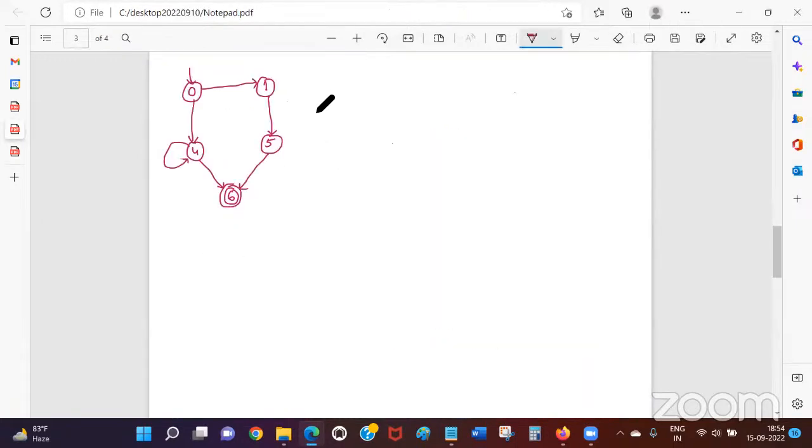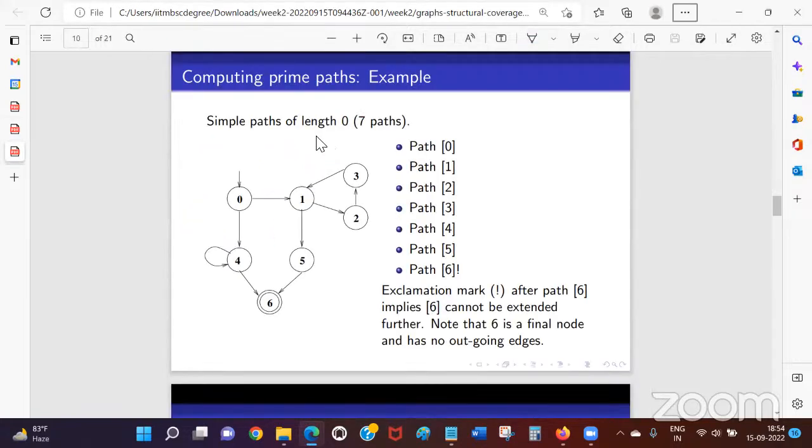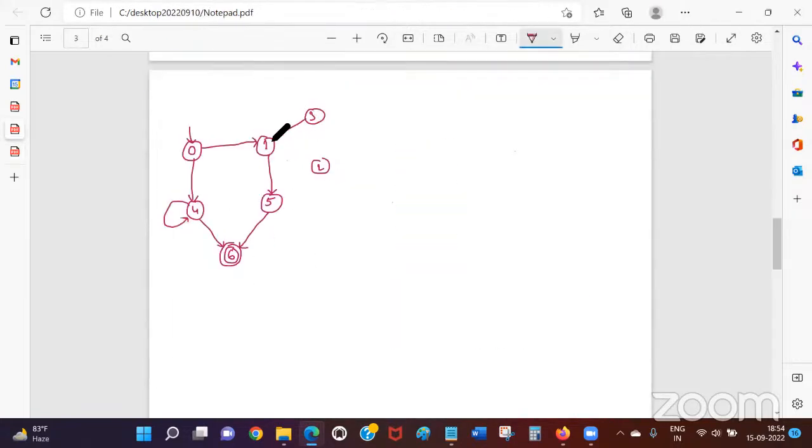And there is 2, and there is a 3. Okay, so I have a loop here and here, right? It's a self loop. This one is a self loop, right?